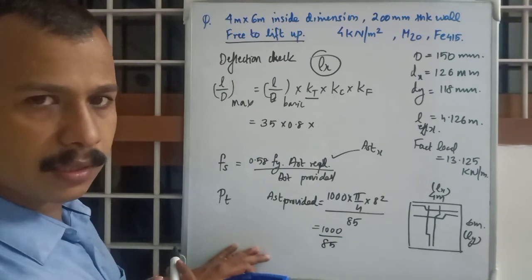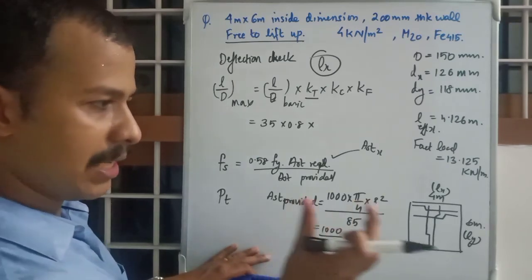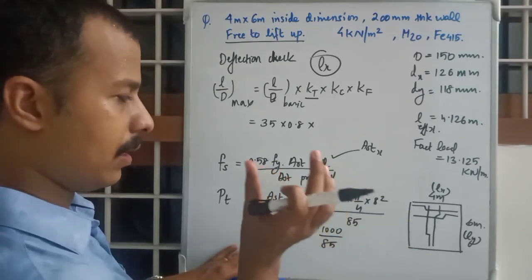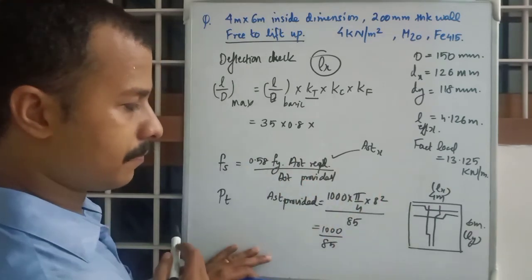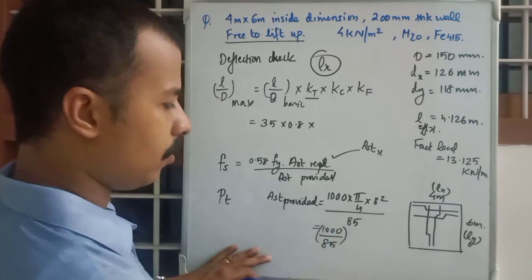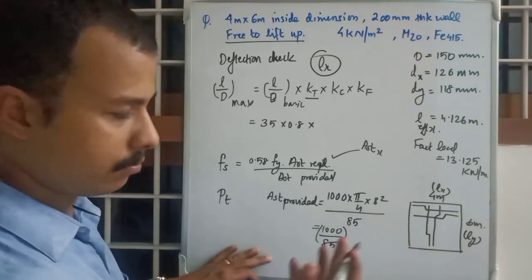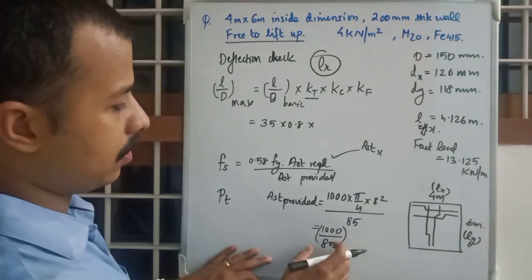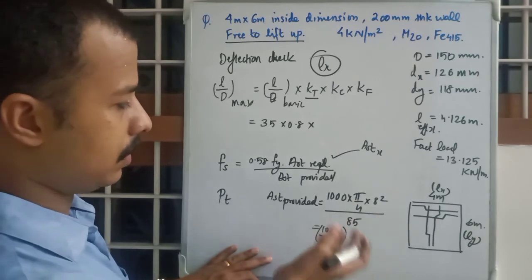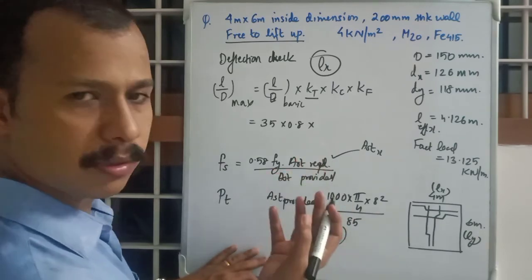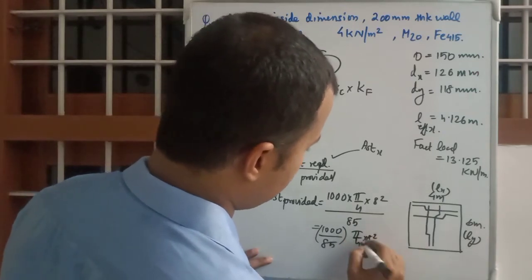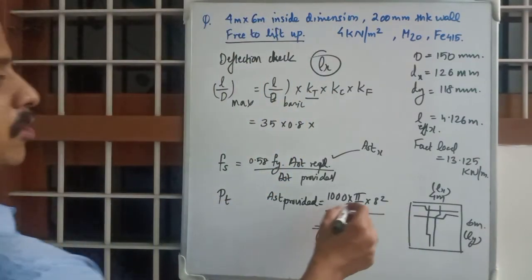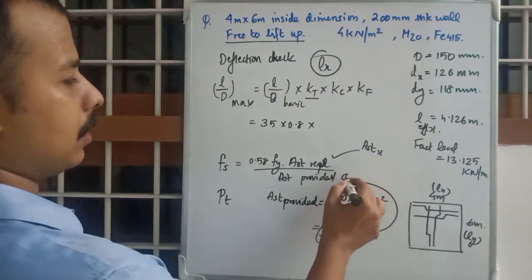In each width of 1 meter slab there will be this number of bars. If it is 12, it will be 12 bars. That's it. Pi by 4, 8 square. Okay. So substitute it in here.